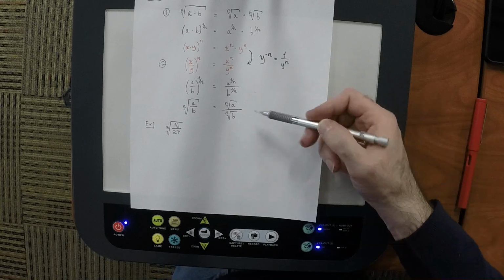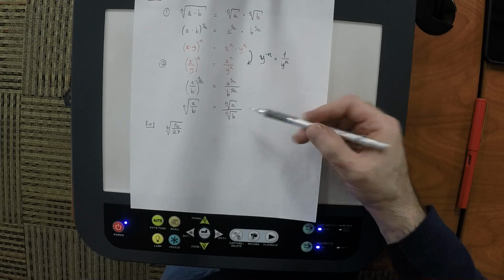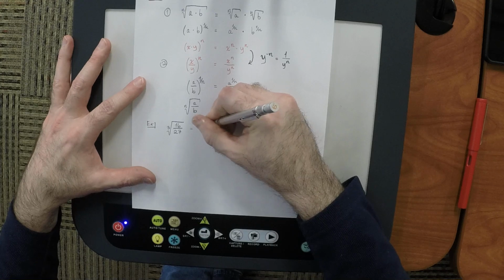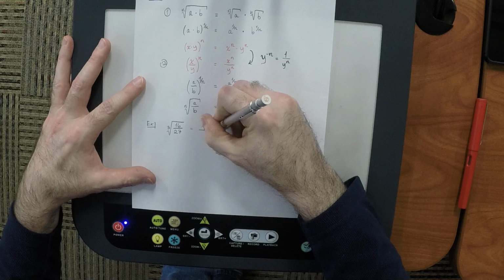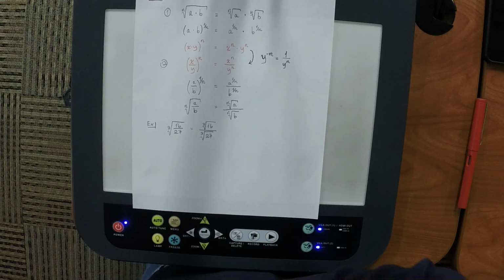The idea being that we're going to use that. Okay, so cube root of 16 over cube root of 27, good. So we can use that nice rule.